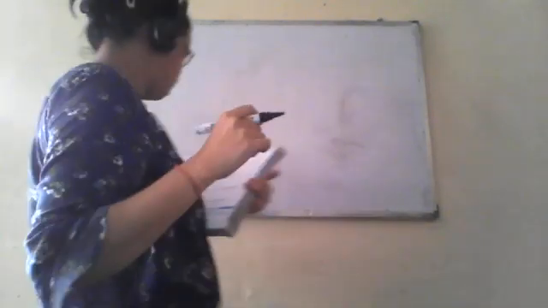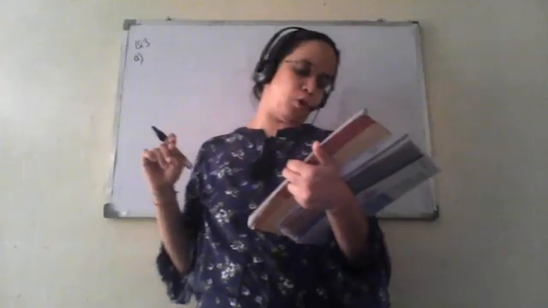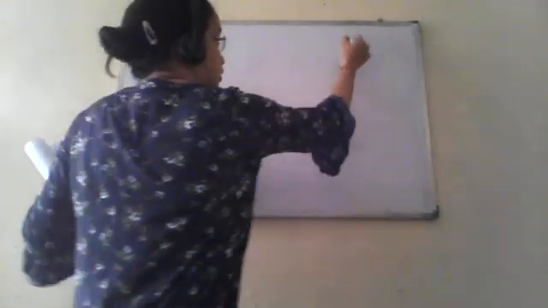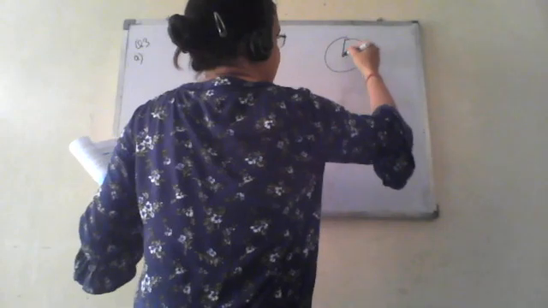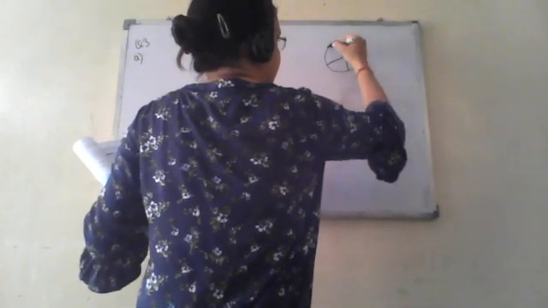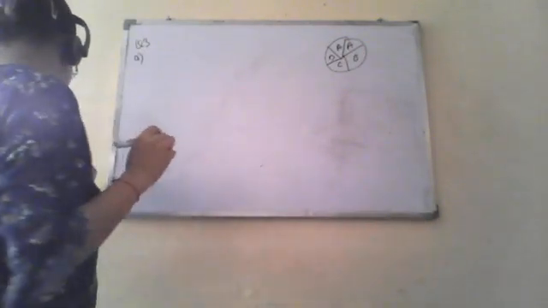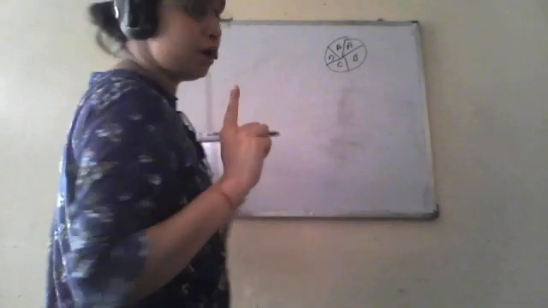First part is the probability of the pointer stopping on D. So there was a spinner. There was A, B, C, D. Probability of the pointer stopping on D.